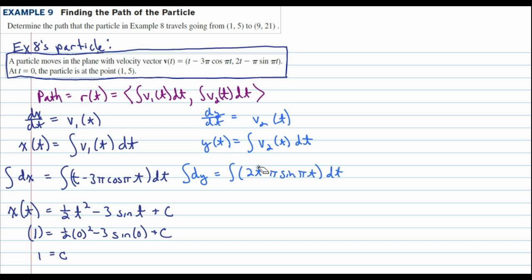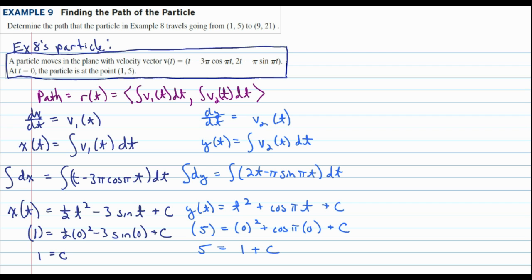I plugged in v2 from example 8, 2t minus pi sine of pi t, and I get that y of t equals t squared plus cosine of pi t plus c. At t equals 0, the vertical position was 5, so I plugged in 0 for t, 5 for y, and I get that c equals 4.